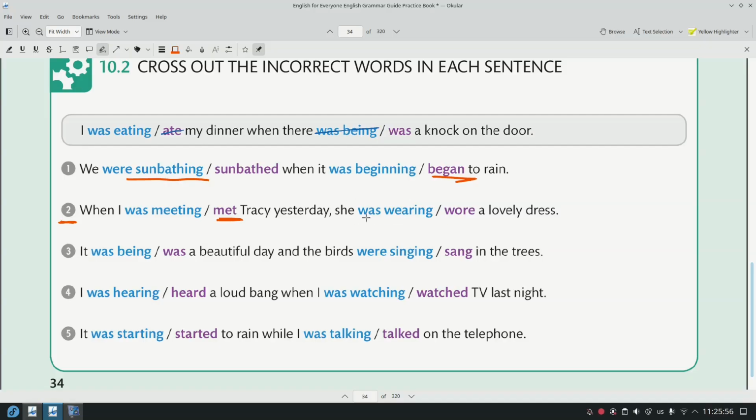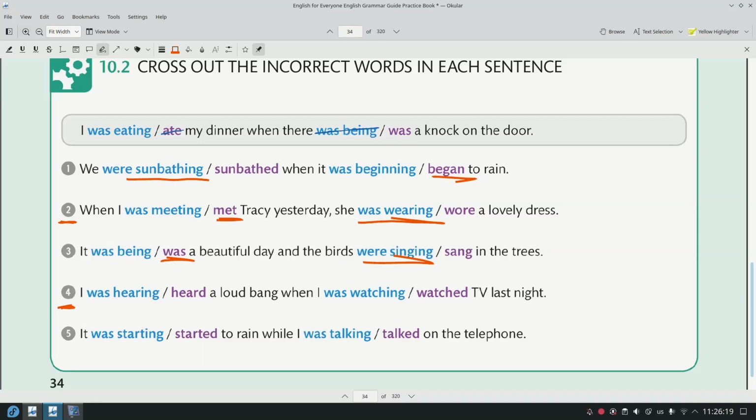She was in the process of wearing this lovely dress. Number 3. It was a beautiful day and the birds were singing in the trees.